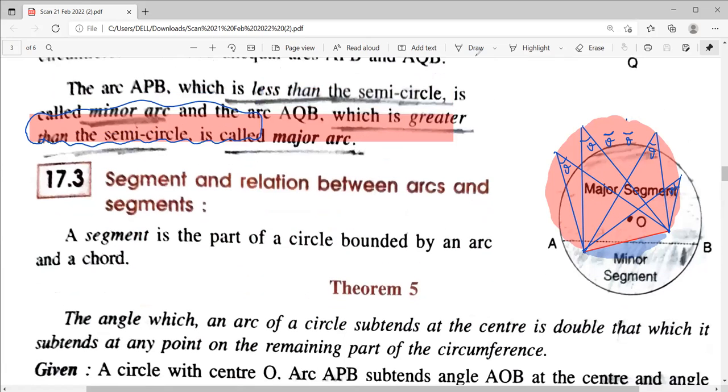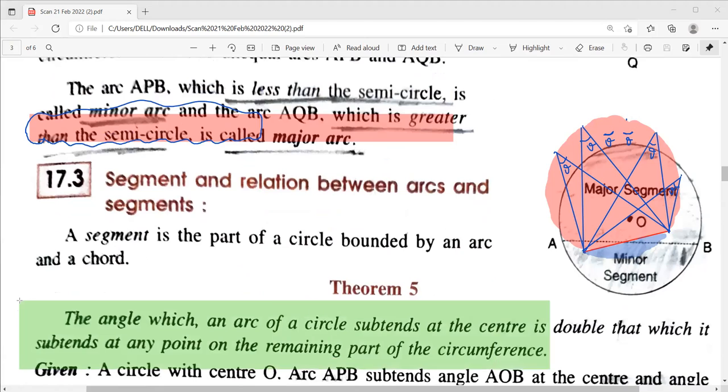Read this out, please. Read it out loudly. The angle which an arc of a circle subtends at the center is double that which it subtends at any point on the remaining part of the circumference. What does that mean?